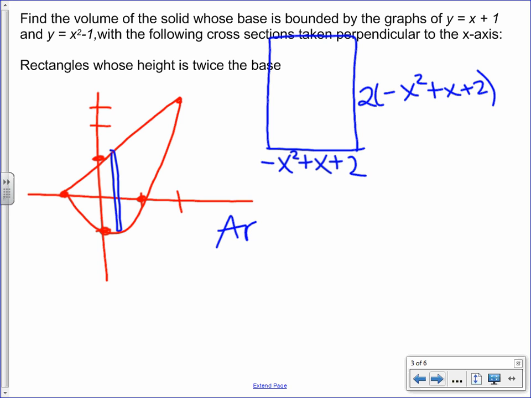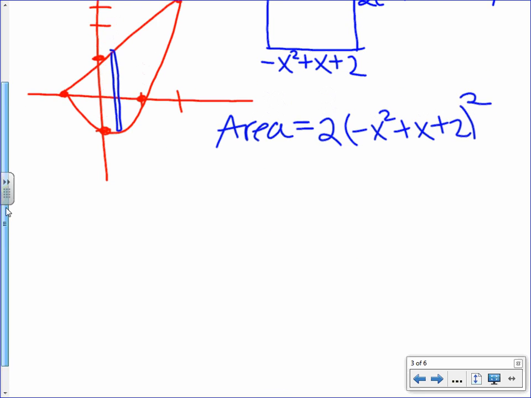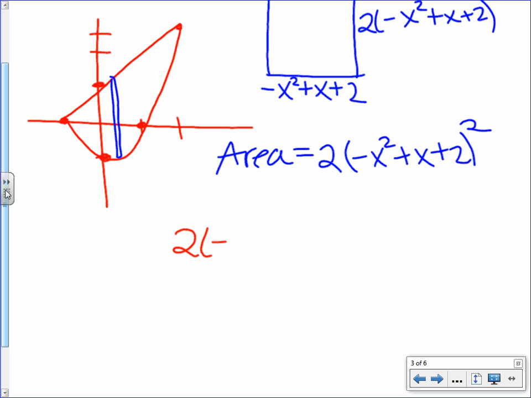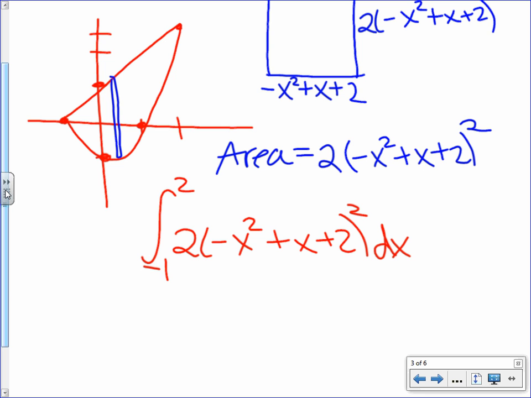So the area of each of these rectangles would be 2 times that squared, base times height, right? So the volume of each of these rectangles would be our area times our thickness, and we are going to add them together from -1 to 2.